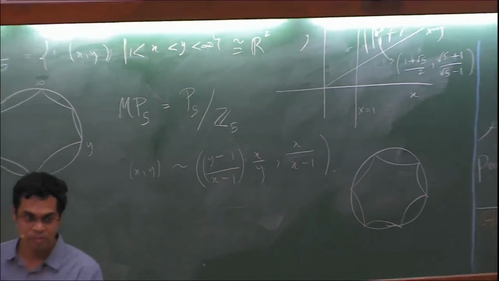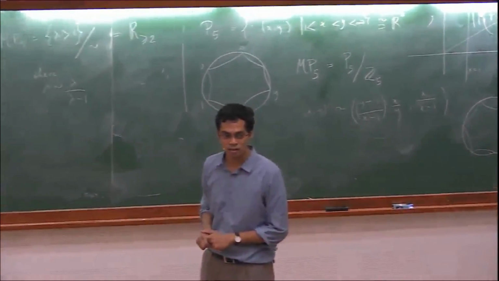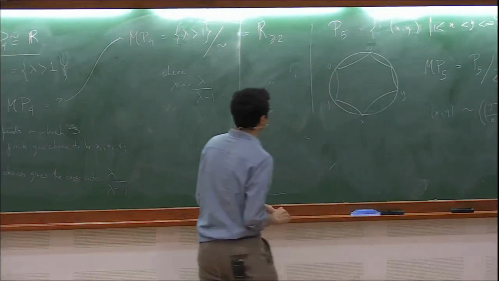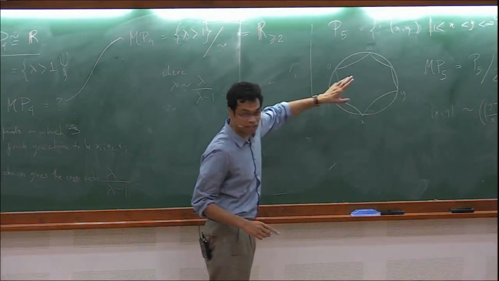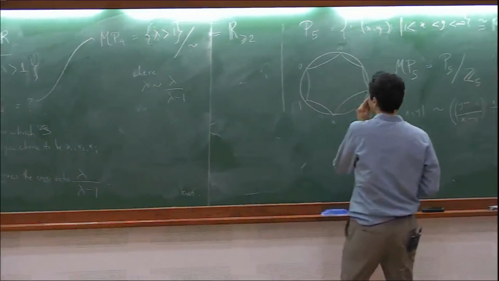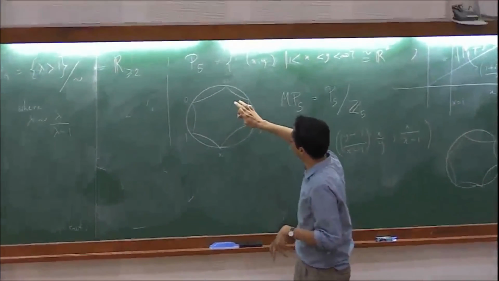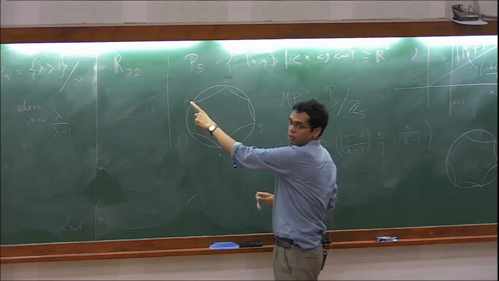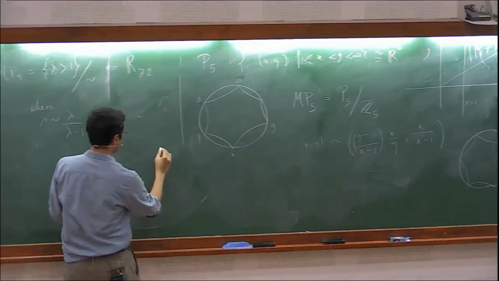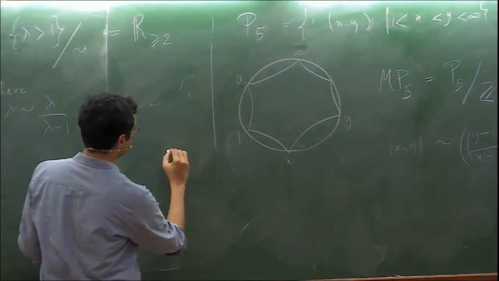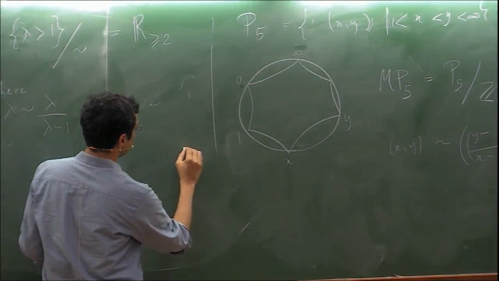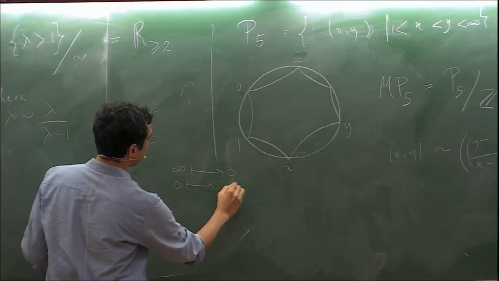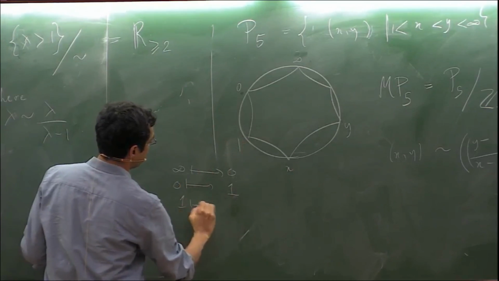Right, so if I don't care about labeling, let's say in this case, if you don't care about labeling, suppose I want to label this as infinity. Okay, so then you look at the transformation, so consider the transformation that takes infinity to 0, 0 to 1, and 1 to x.